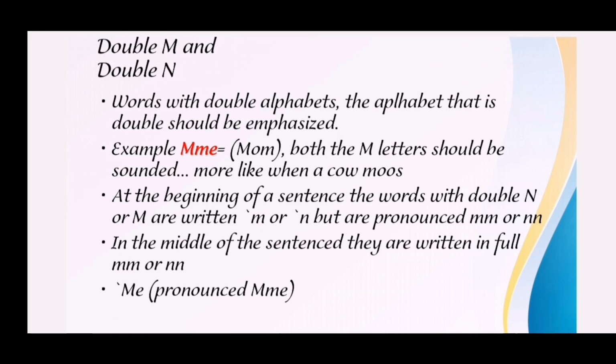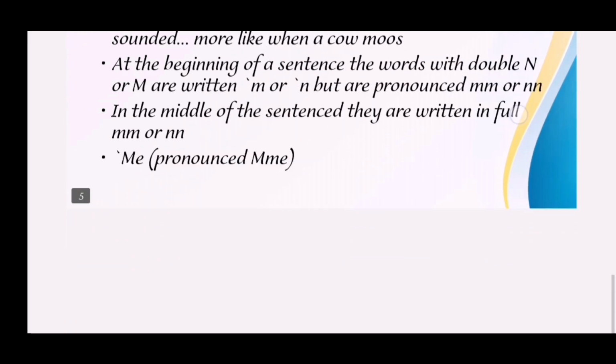But if it is in the middle of a sentence, the word is going to be written in full. An example is the last word, which is mme. Because it's the first word in the sentence, I just wrote the apostrophe and then the one M and E. But when you read it, you're going to say mme, not me. I hope this makes sense.